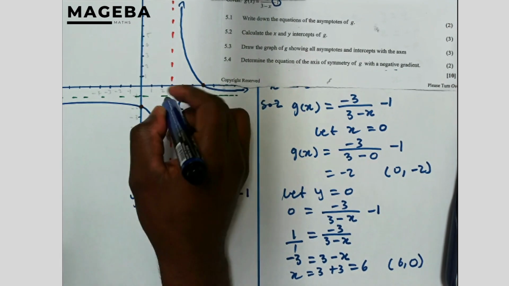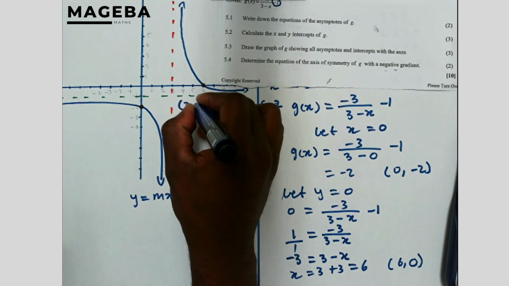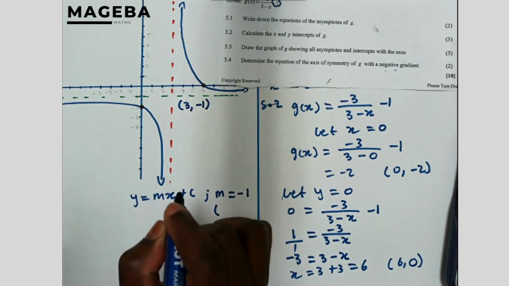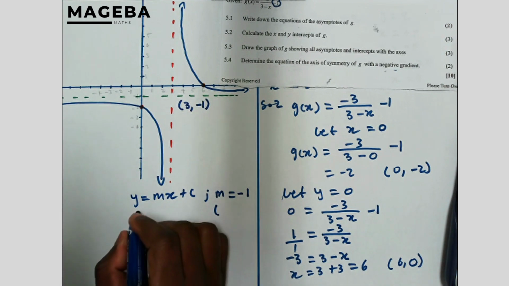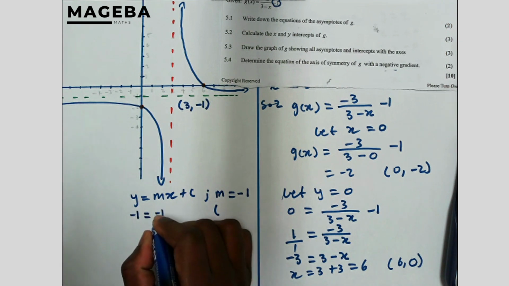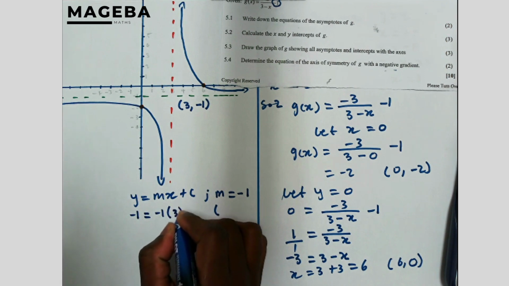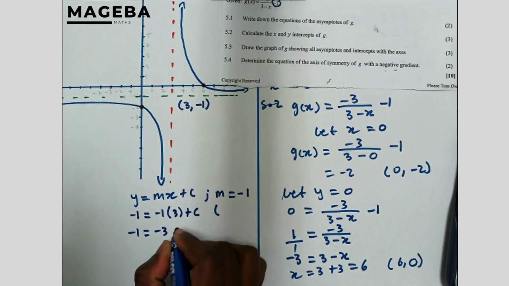The coordinate of our asymptote here is 3 maps to negative 1. That's our point of asymptote. And then we substitute. It's going to be negative 1 equals negative 1 times 3, plus c. So negative 1 equals negative 3 plus c.